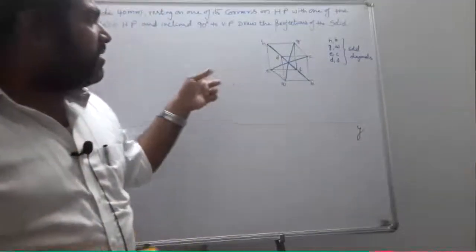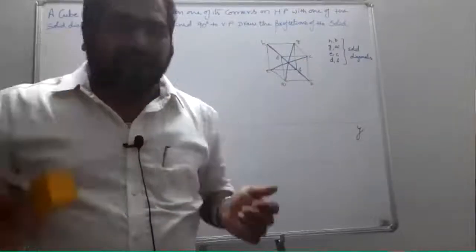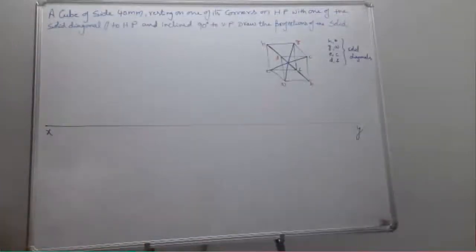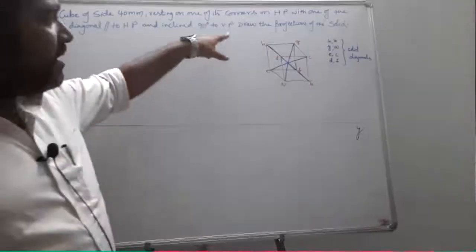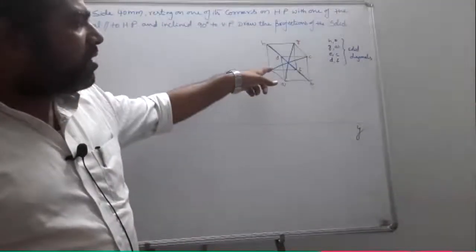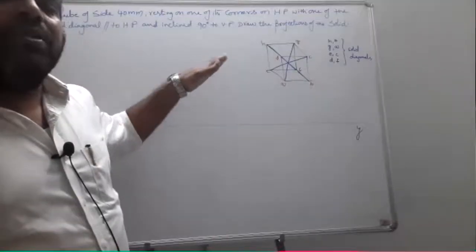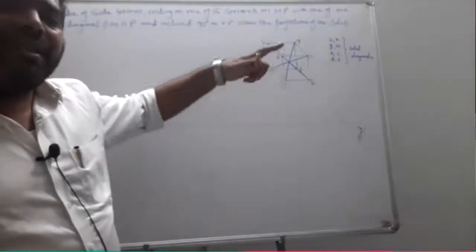He just gives that one of the solid diagonals is parallel to HP. And the last step is that it is inclined 90 degrees to VP. So whatever solid diagonal becomes parallel to XY is going to be tilted by 90 degrees in the third stage.